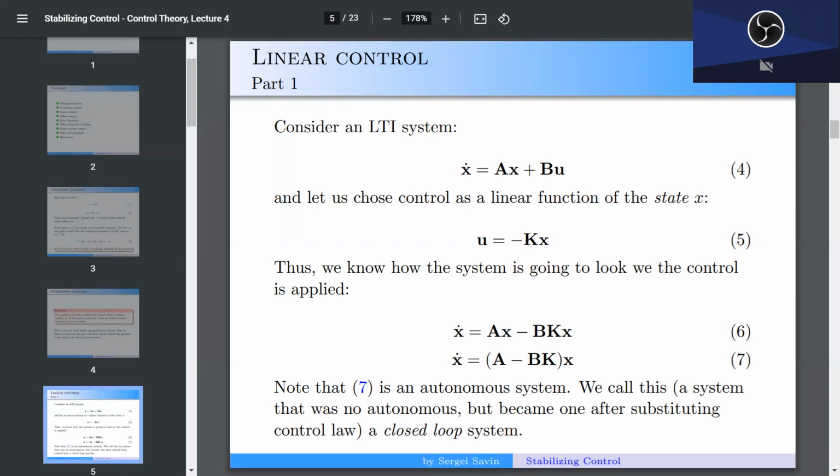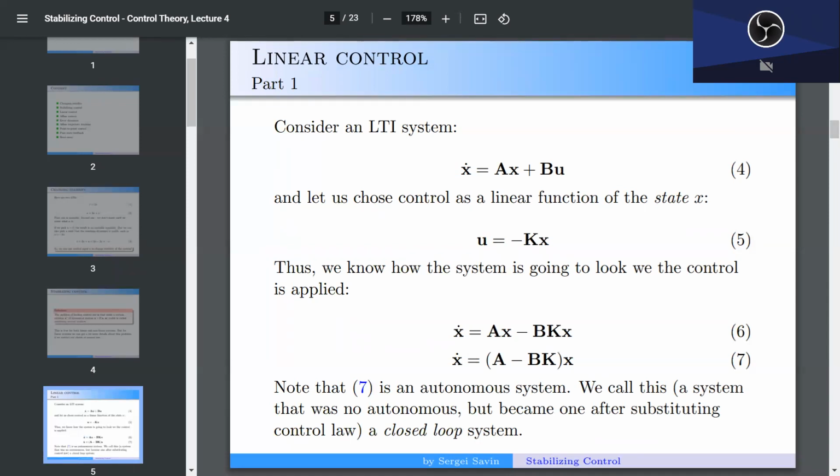No. Equations here are all state space. If it was transfer function, I would... today, no transfer functions. So number 5 is just an equality. So it's not a differential equation, so it cannot be autonomous.